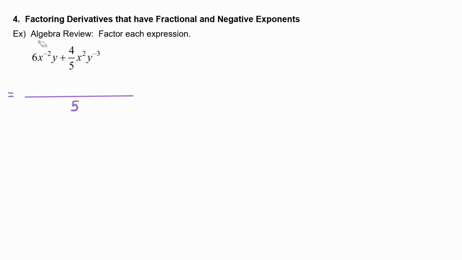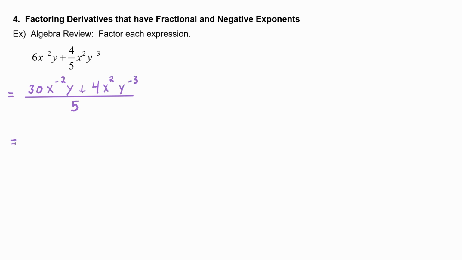This first expression, we need to multiply by 5 over 5. So we have 30 x to the negative 2 y plus, we already have the denominator of 5 here, so 4x squared y to the negative 3.